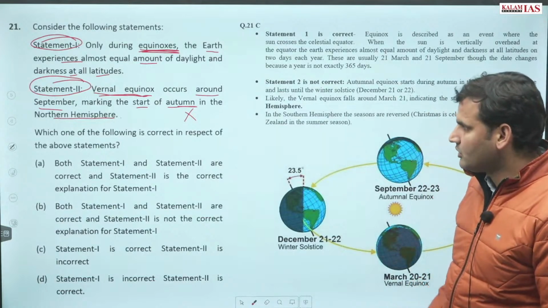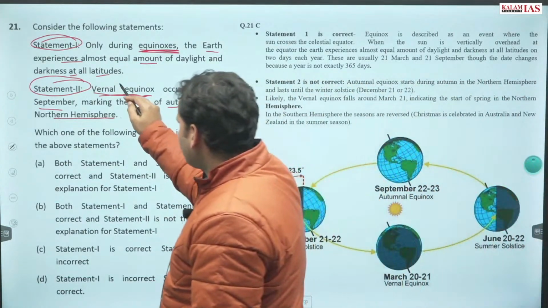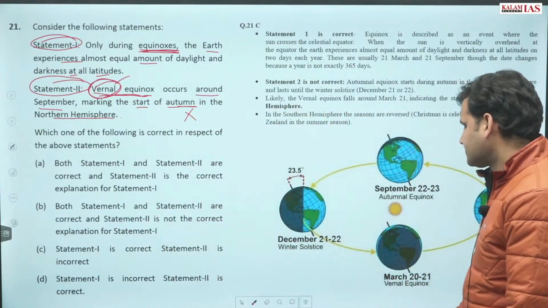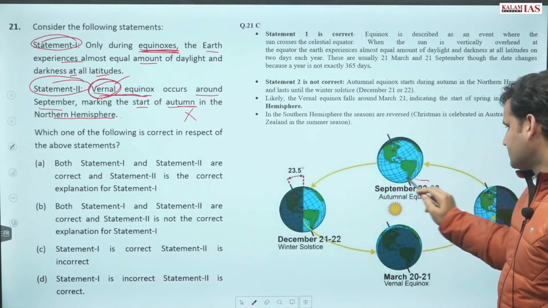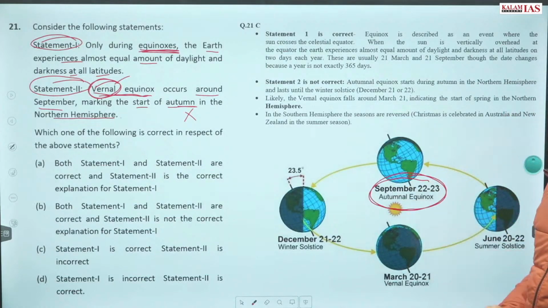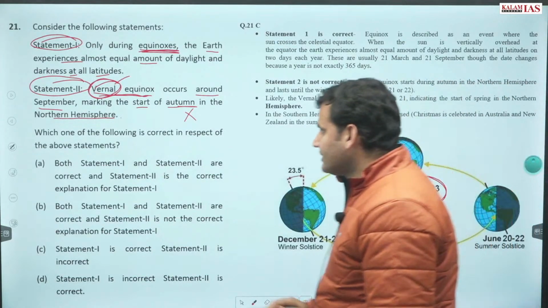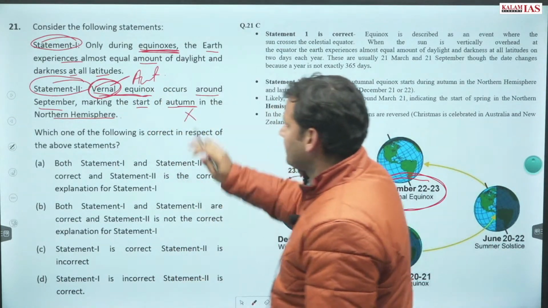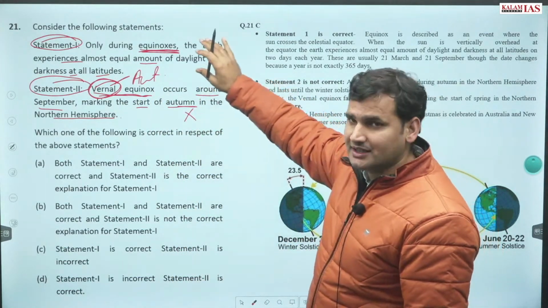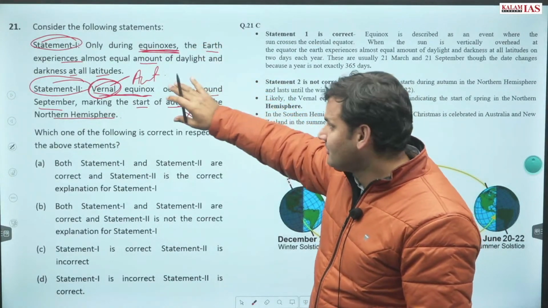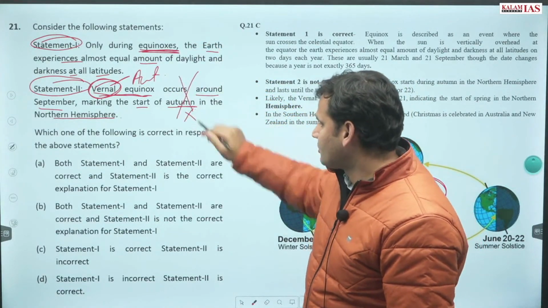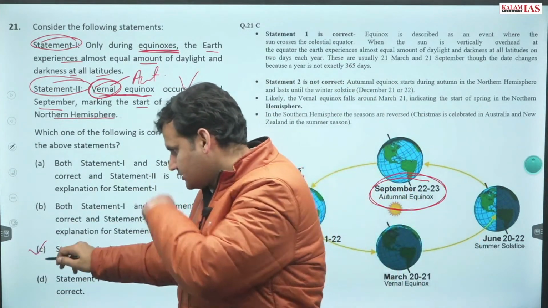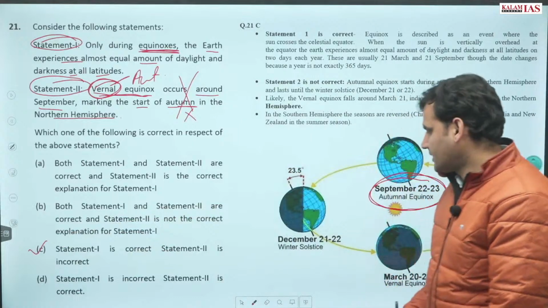This statement is wrong because it is not the vernal equinox, rather this is termed as autumnal equinox. The whole statement is correct, only here autumnal should have been there. The first statement is correct. Even if you did not know, the second statement obviously is wrong, and when the second statement is wrong, the correct answer is, sorry, option C.